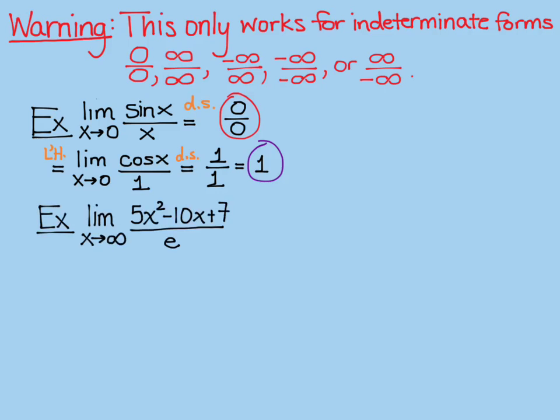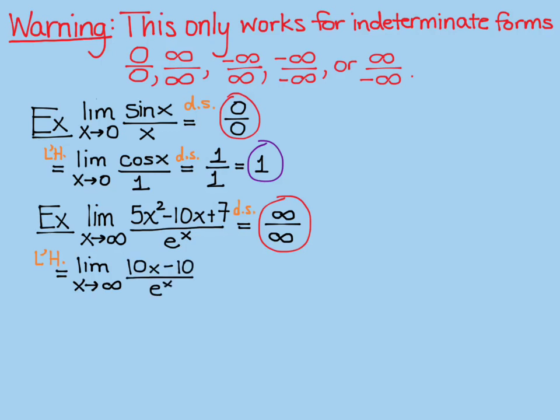Trying another one, the limit as x goes to infinity of (5x squared minus 10x plus 7) over e to the x. Direct substitution gives us infinity over infinity. Using L'Hopital's rule, we can take the derivative of the top and the derivative of the bottom to get the limit as x goes to infinity of (10x minus 10) over e to the x, and now do direct substitution again.